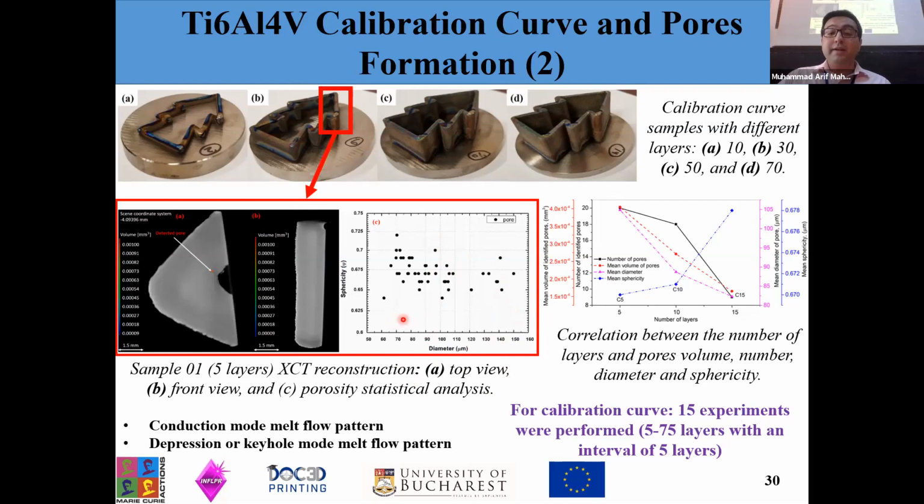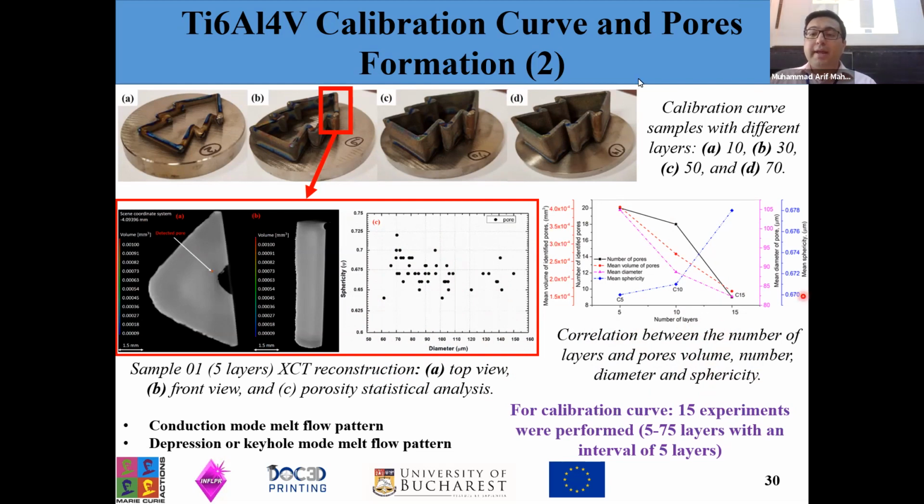And we identified that the pores were in the range of 0.630 to 0.725 sphericity with a diameter of 60 to 150 micrometers. And we tried to develop some relations among the number of layers, identified pores, volume, and diameter of the pores.